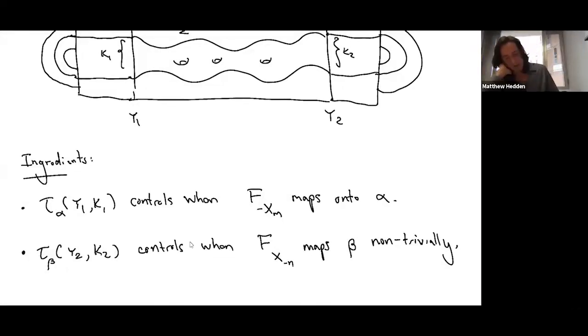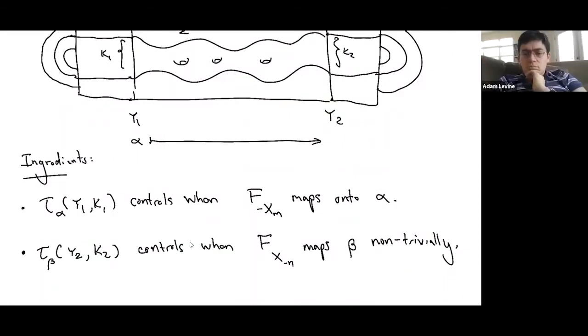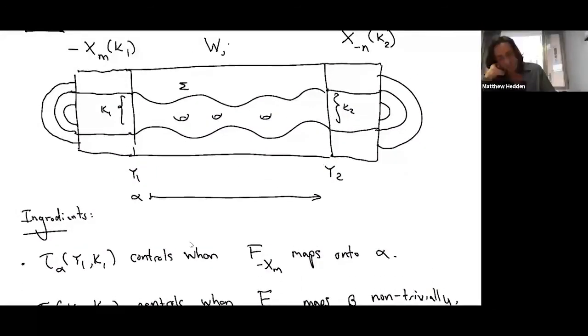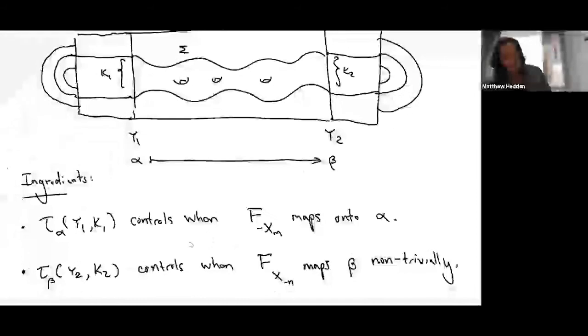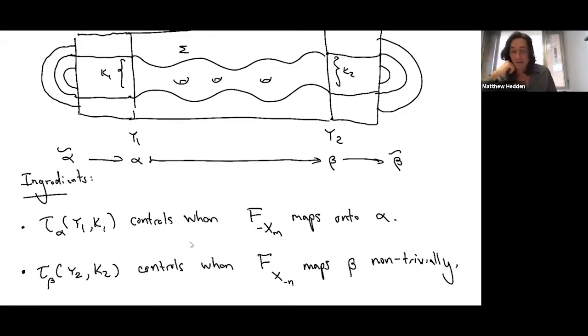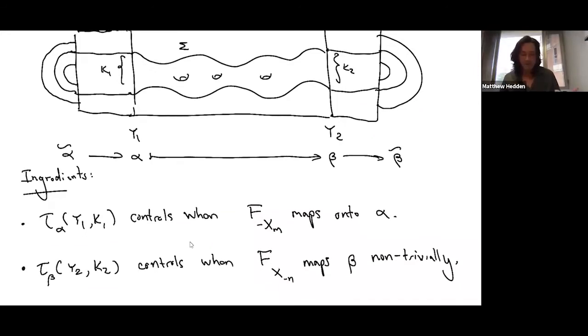So then, by assumption, my cobordism equipped with a particular spin C structure, T, maps alpha to beta. And so I can use my knowledge of tau to tell me exactly which spin C structures will have the property that they'll exist in alpha tilde mapping to alpha on the left end, and a beta tilde mapping from beta on the other end. So I can use this knowledge to produce a non-trivial cobordism map for this extended cobordism.